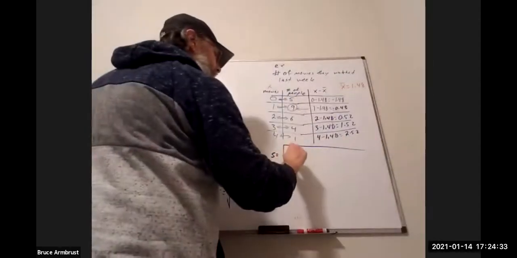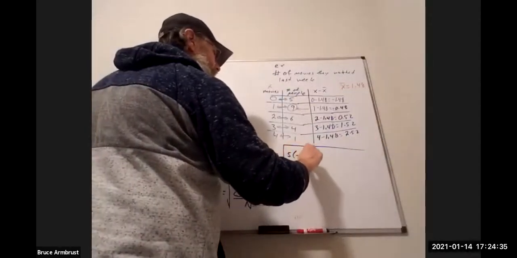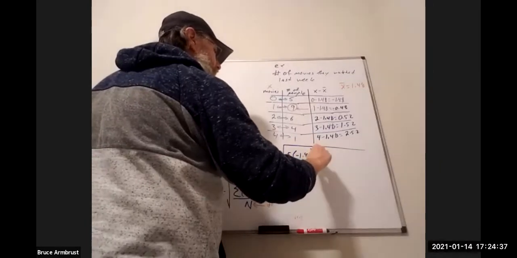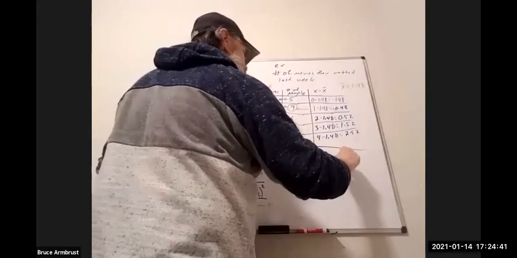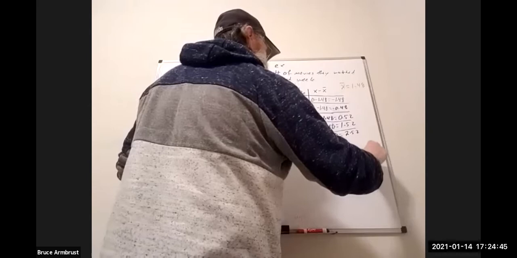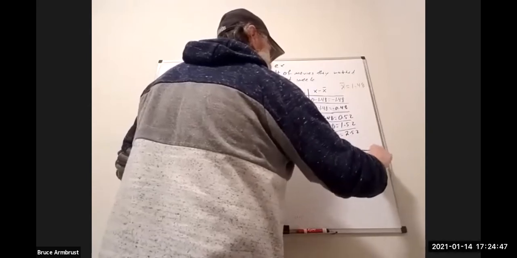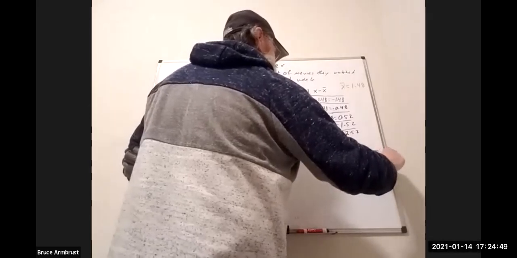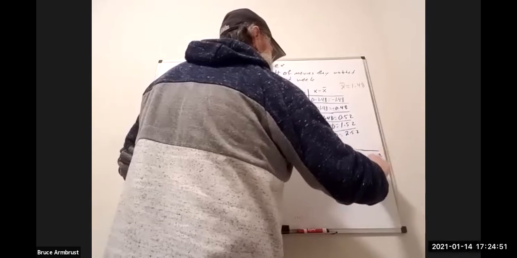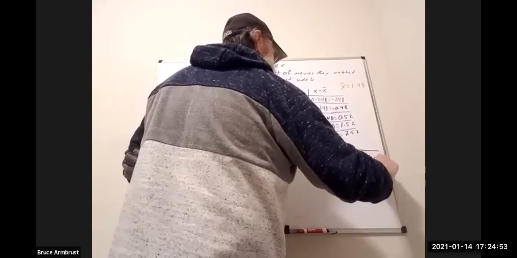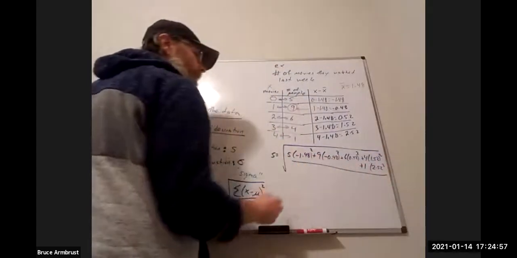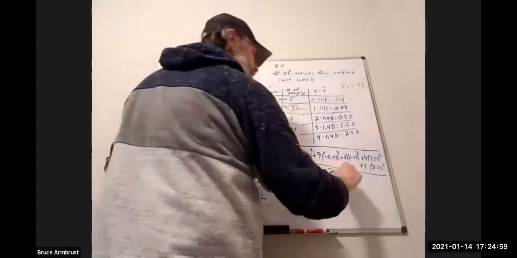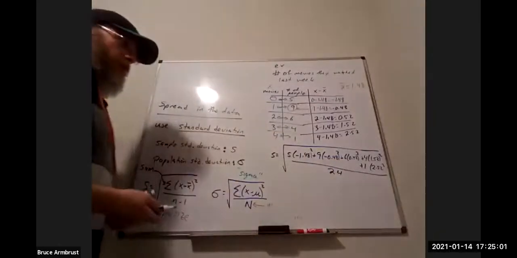It's going to be 5 times negative 1.48 squared plus 9 times negative 0.48 squared plus 6 times 0.52 squared. I'm running out of space. Plus 4 times 1.52 squared plus 1 times 2.52 squared. And I'm going to divide that all by 24.